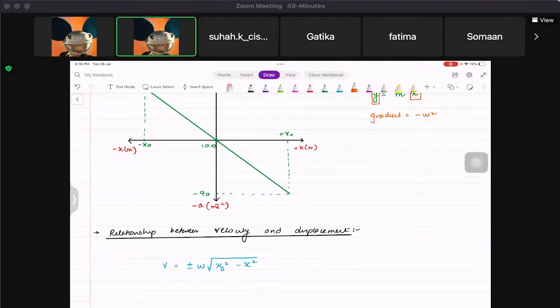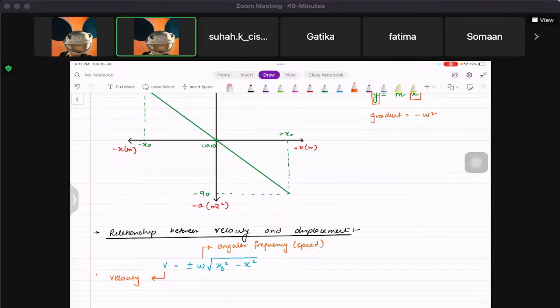In this formula, I just want to tell you that this v is basically the velocity, this omega is the angular frequency, you could also say angular speed if you want to.